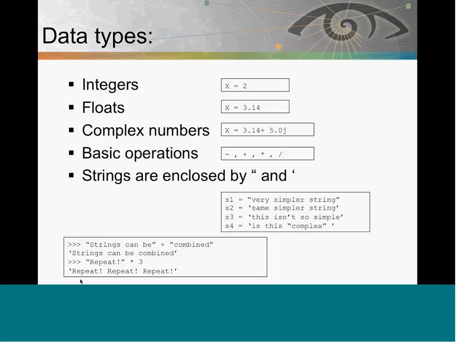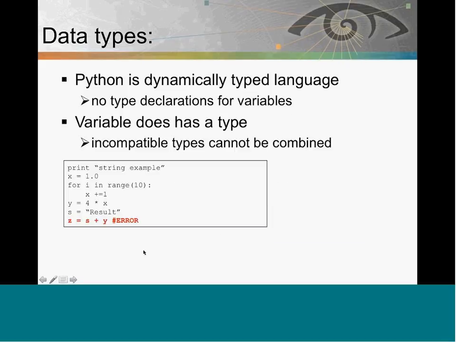In the example, you can add two strings using the plus sign, and you can repeat a string by multiplying by 3, and it's going to repeat the string 3 times. So you can use similar operations as you use for integers and floats on strings up to a level.